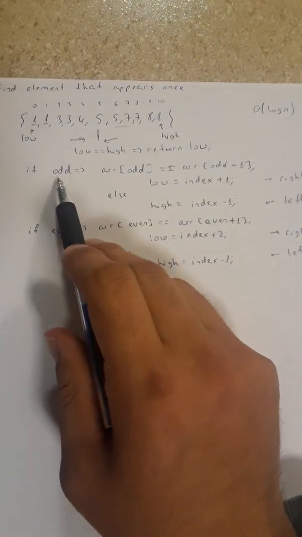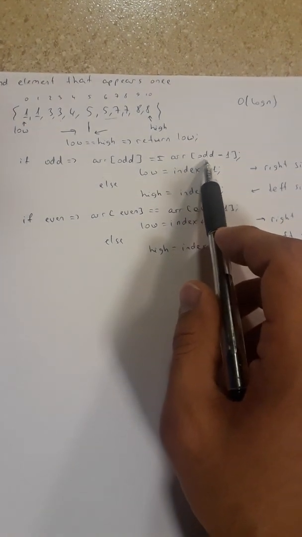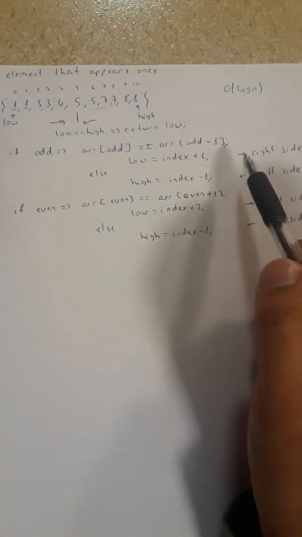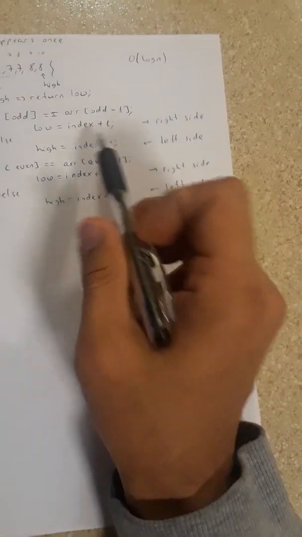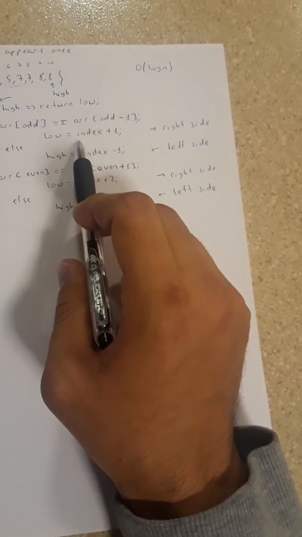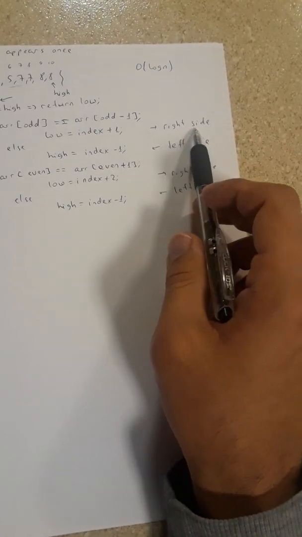So for example, if the index is odd, we will compare it with the previous element, and if we see the 2 elements are equal to each other, the order is not broken, and we will need to keep our search at the right side.